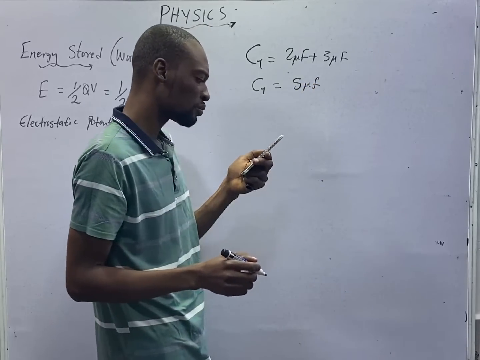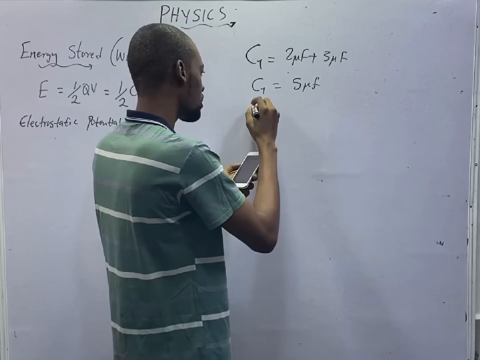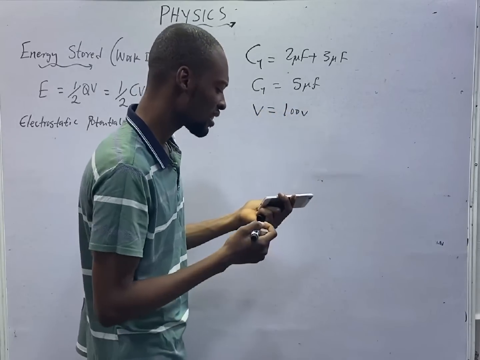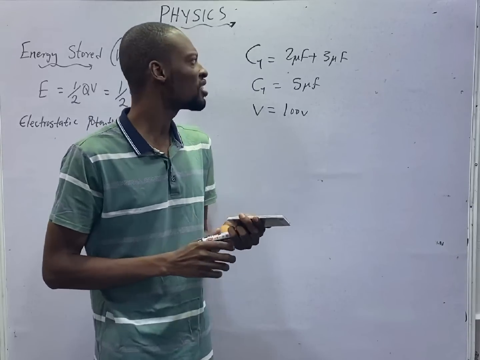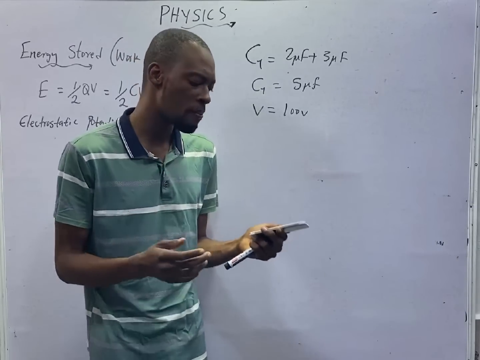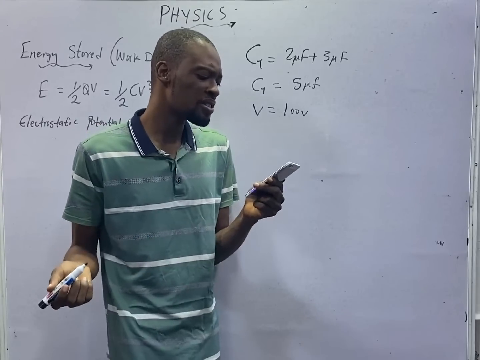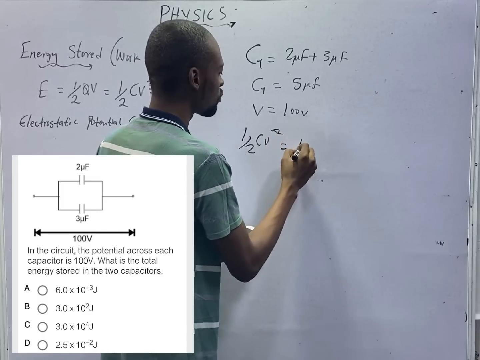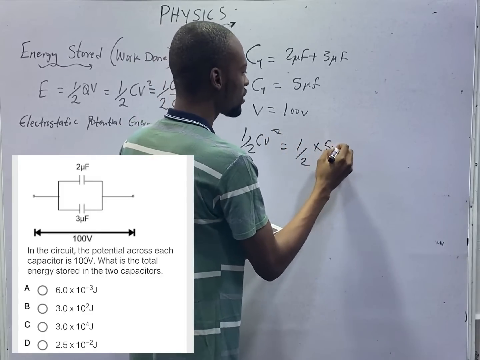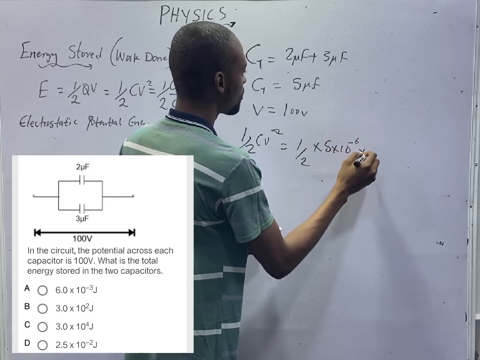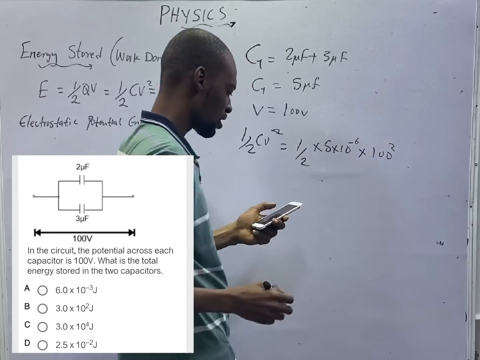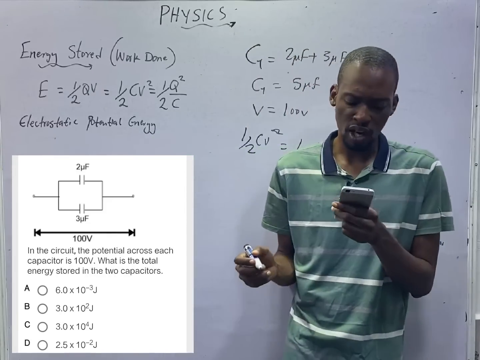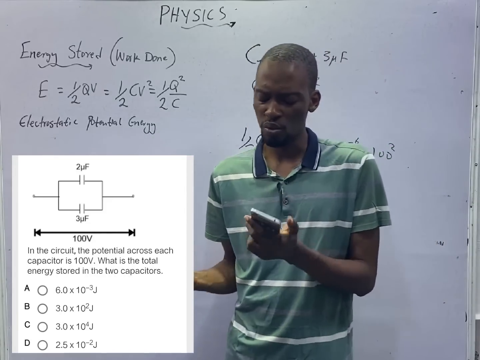We are given the potential, that is the voltage across each capacitor, to be 100 volts, and since they are connected in parallel, the same voltage is across them. The energy stored will be half CV squared. That is 1/2 times 5 times 10 to the power of minus 6 times 100 squared. That is basically your answer, probably 2.5 times 10 to the power of minus 2 or so.